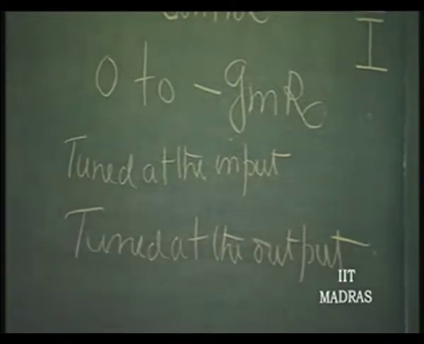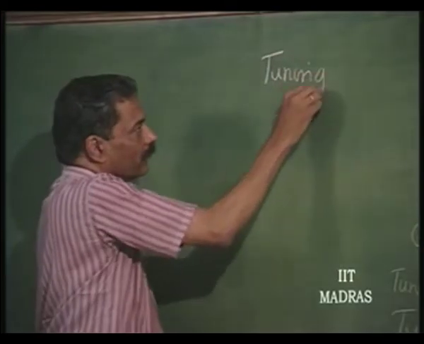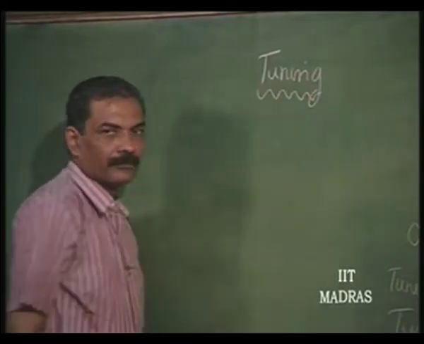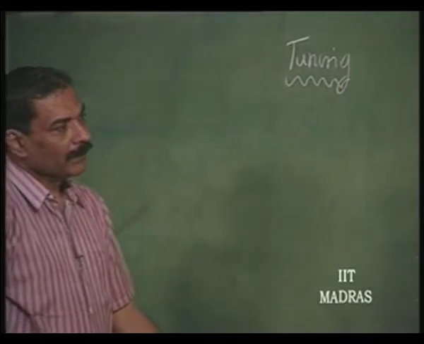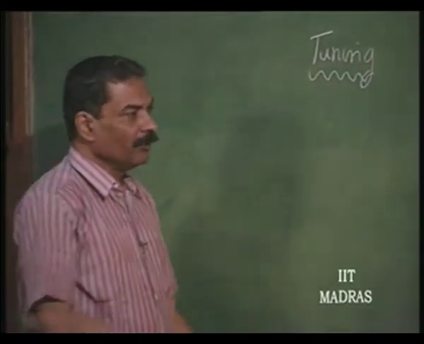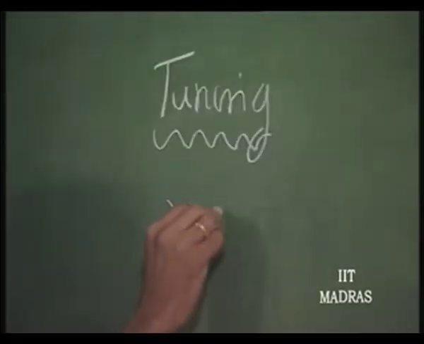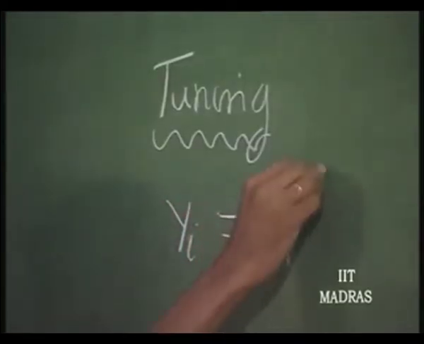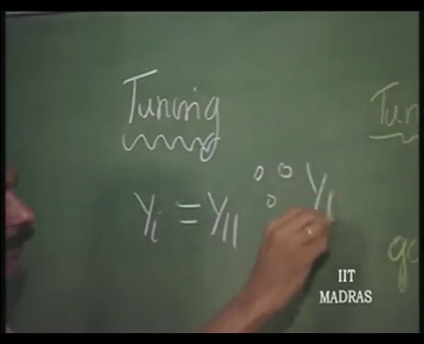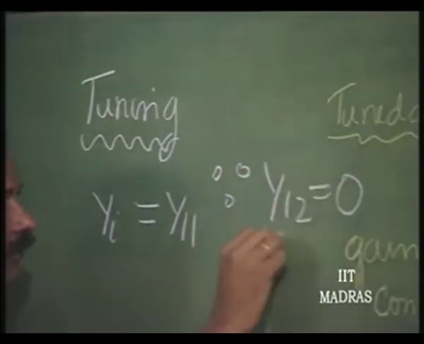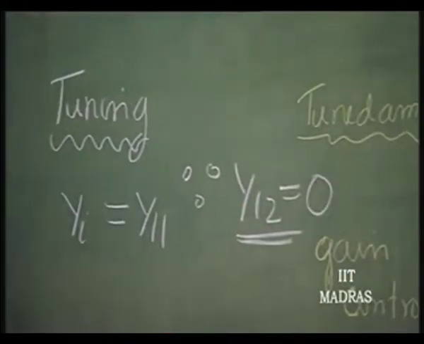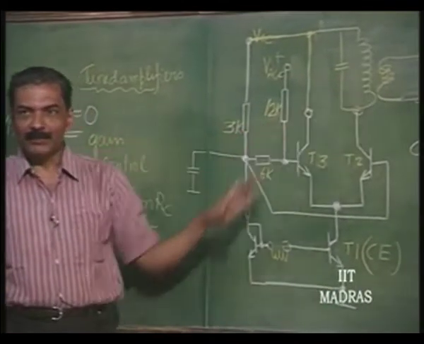Now, let us understand what is meant by tuning. Let us say the input impedance of the cascode structure Y I is equal to Y11, because Y12 is 0. Because Y12 is 0, there is no interaction between output tuned circuit and input tuned circuit.